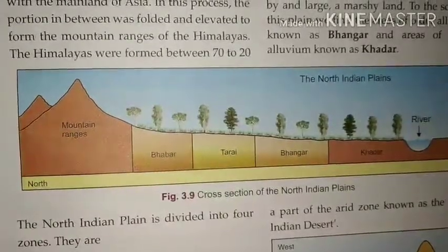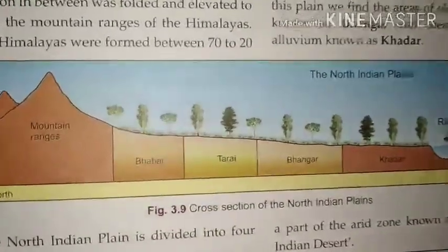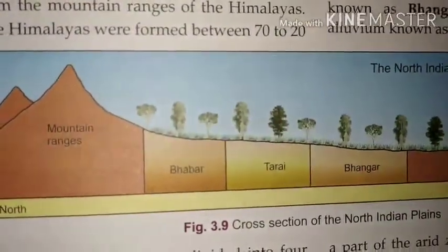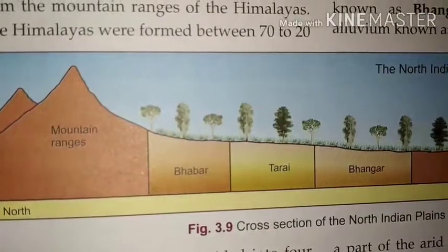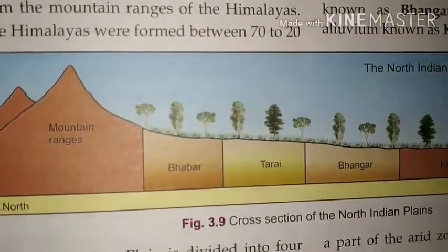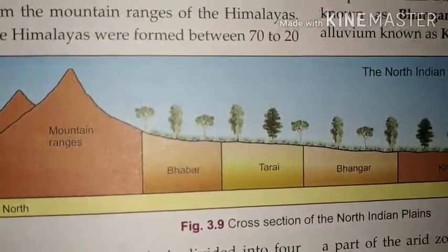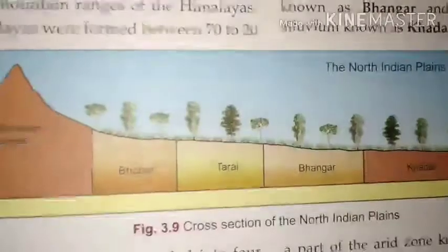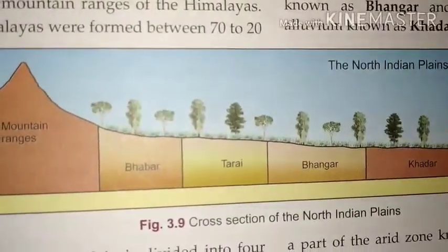During this formation, in the figure, try to understand. Mountain ranges you can see in the north, and then the layers of soil which were formed: first Bhabar, then Tarai, then Bhangar, and then Khadar.